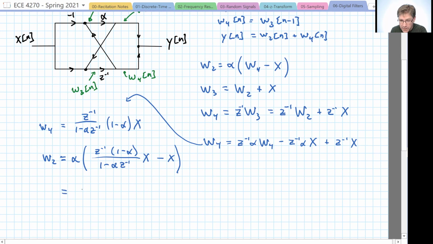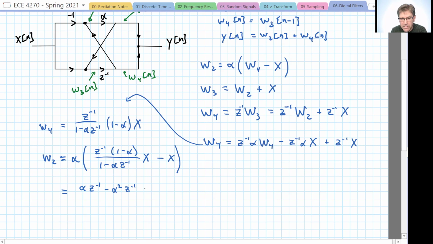So now we have alpha z to the negative 1 minus alpha squared z to the negative 1. That's most of the numerator.